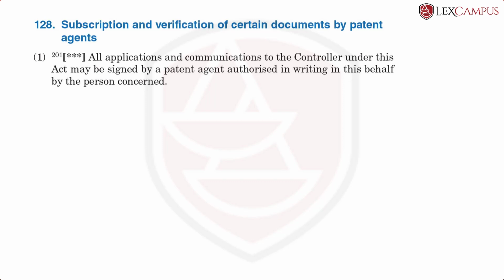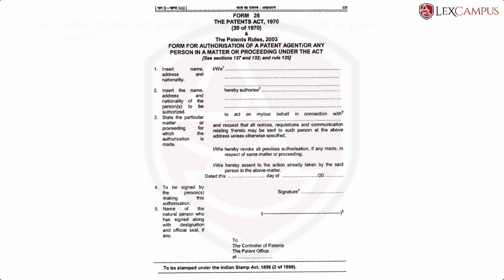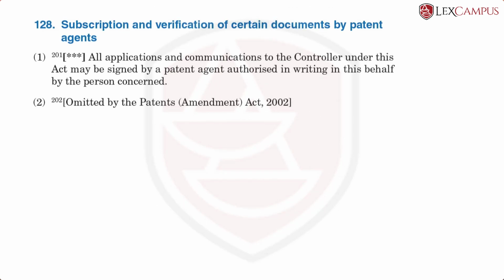So, once a form of authorization, that is Form 26, is filed in favor of a patent agent, then the patent agent need not get the signature of the inventor or the assignee for any other matter. Everything else can be signed by the patent agent. So, the patent agent acts as the agent of the person filing the application.